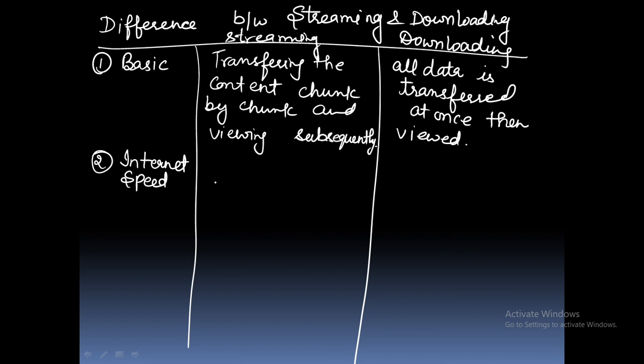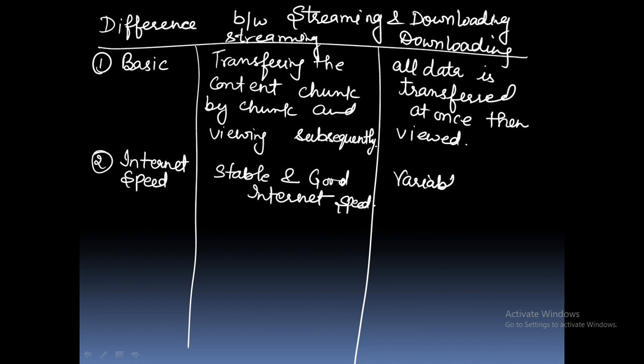Streaming requires stable and good internet speed. But on the other side, in downloading, variable speed could also work.